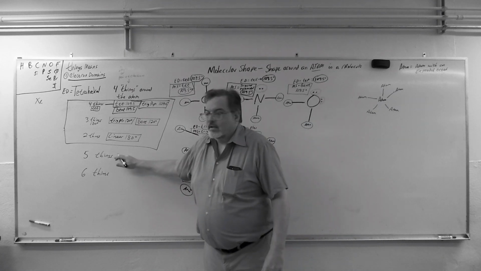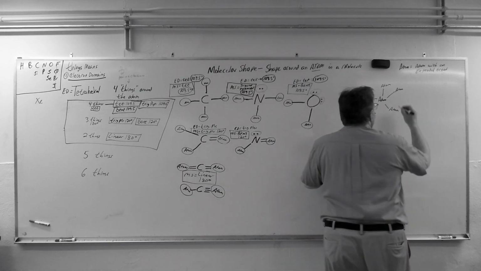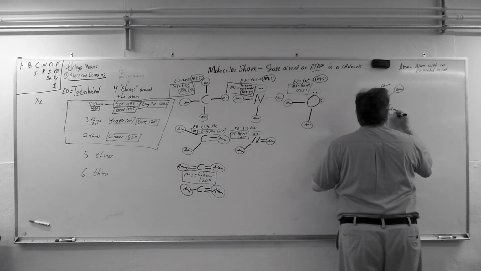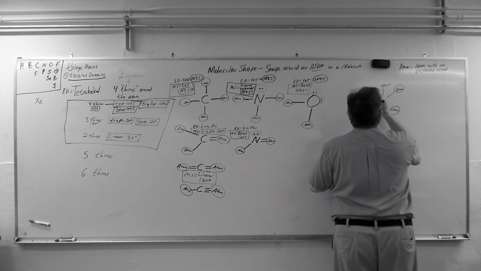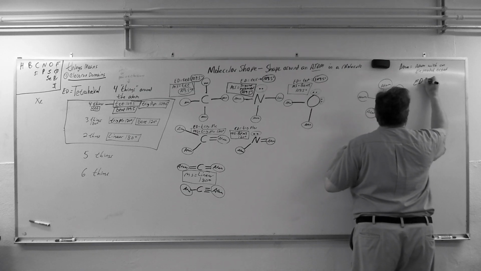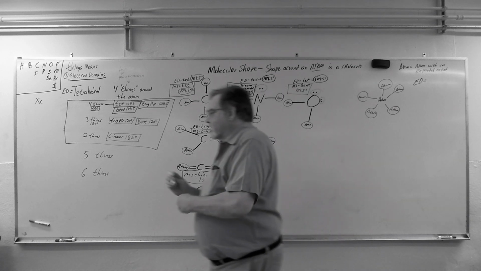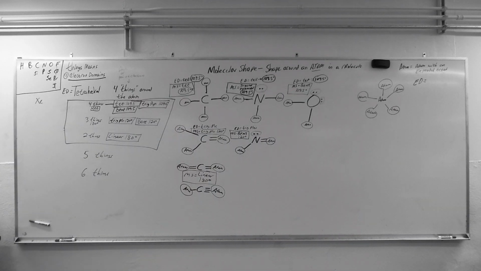And 5 things is what we're doing now. If all of those things are atoms, the general electron domain shape here is called, let me see if you can see it. This is the shape.